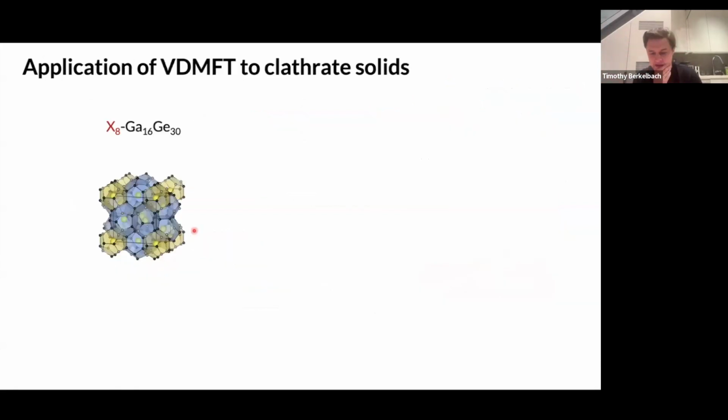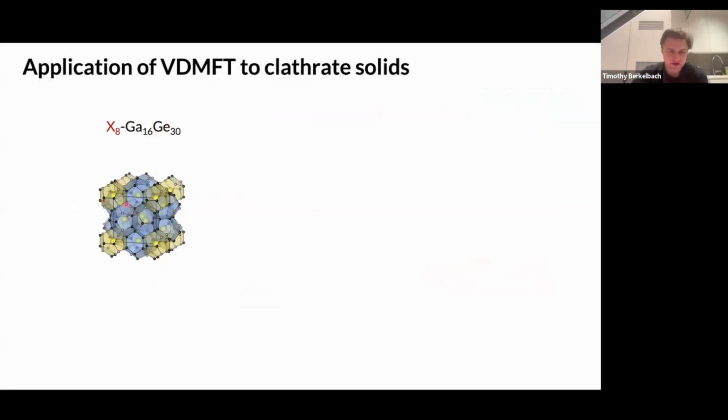Okay, so with that model demonstration finished, I'm going to proceed to an application to real material. So the material that we'll be applying DMFT to is this class of Clathrate solids. So the unit cell is shown here. And there's basically a Clathrate framework made of gallium and germanium atoms.